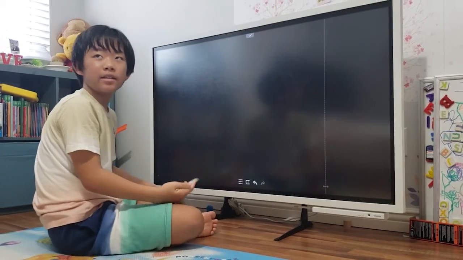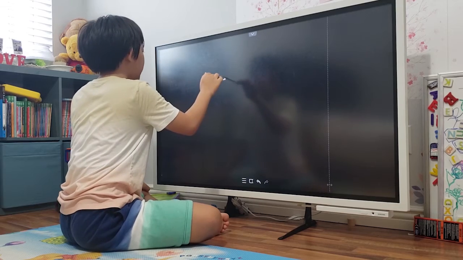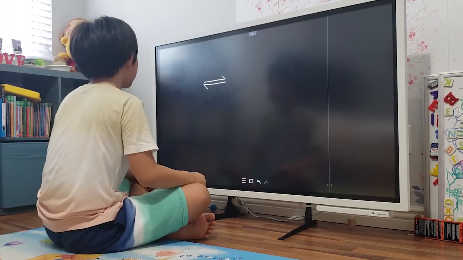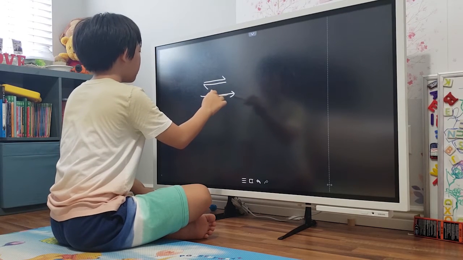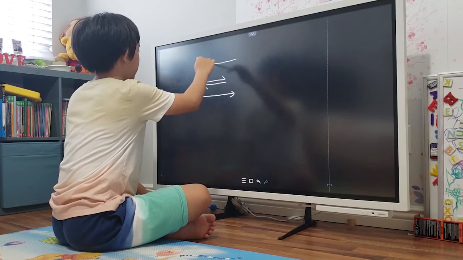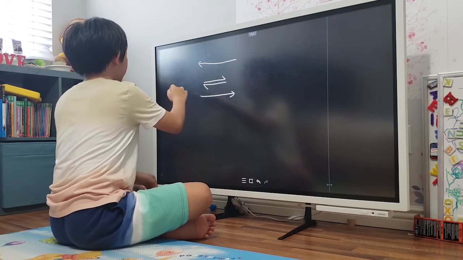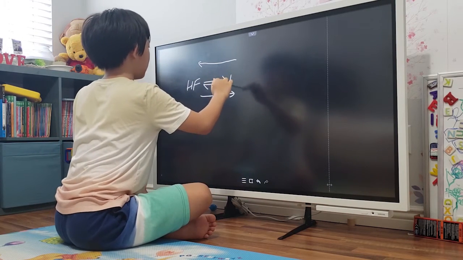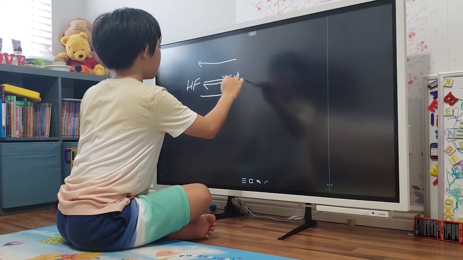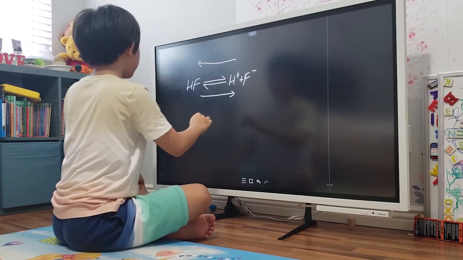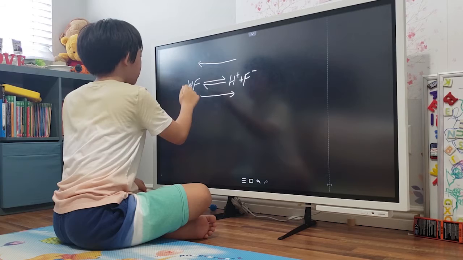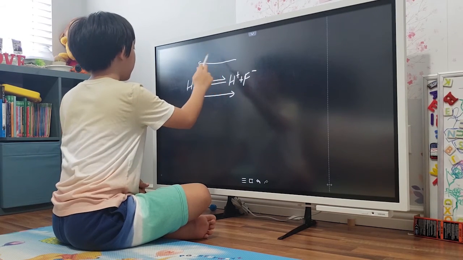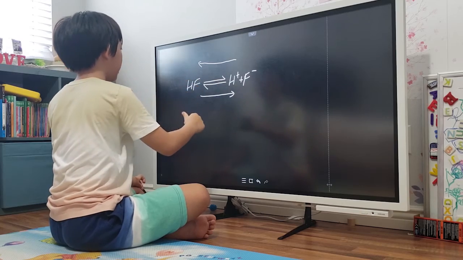Now back in the weak acid to weak base, I made this sign. This sign means equilibrium, or the reaction can go forward, like all reactions, but it can also go backward. For example, our weak acid reaction I mentioned earlier: in water, hydrogen fluoride becomes its ions, and it can also come back to hydrogen fluoride.